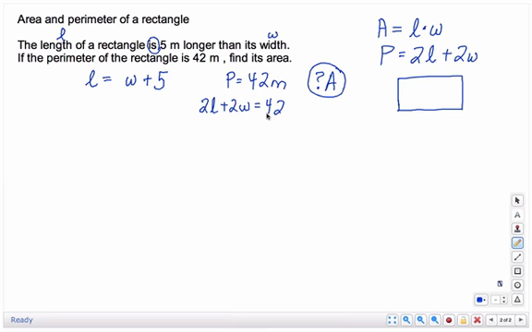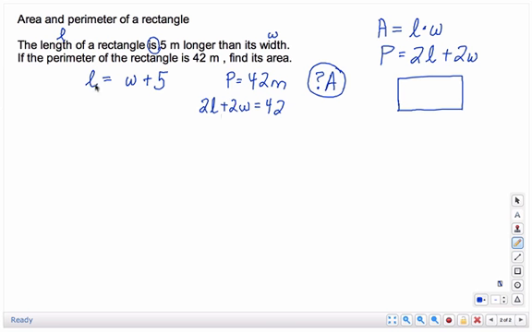So basically what we're doing here is we converted this into an equation that has the same variables as this equation here, which is L and W. So now we have two equations and two variables, two unknowns.